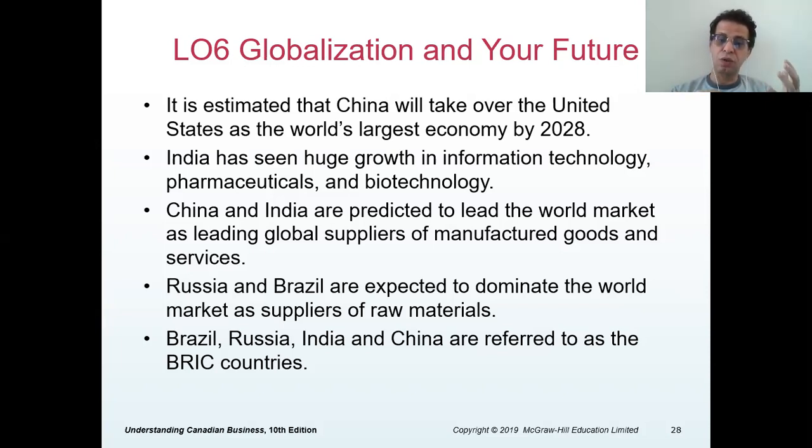India also has huge growth in IT, pharmaceutical, and biotechnology. China and India are predicted to lead the world market as global suppliers of manufactured goods and services. So that's the reason you see Canada working very well with the Indian and Chinese governments.